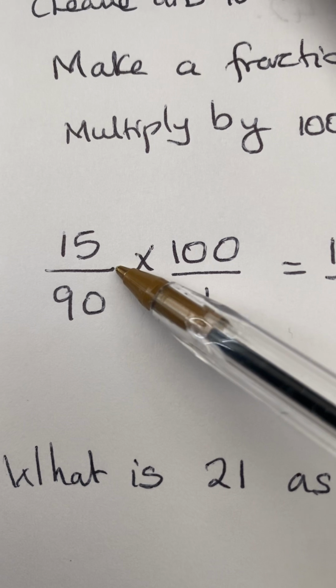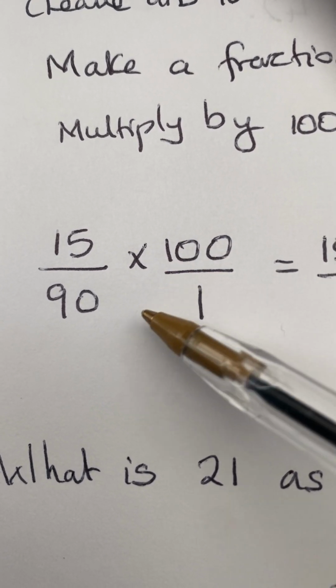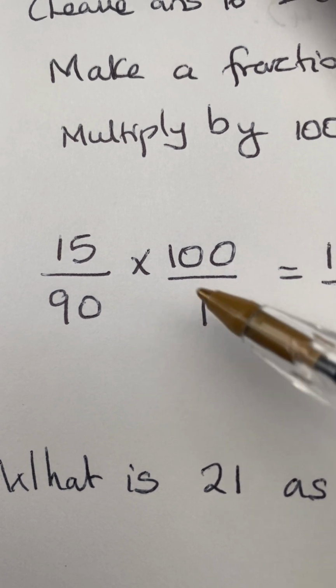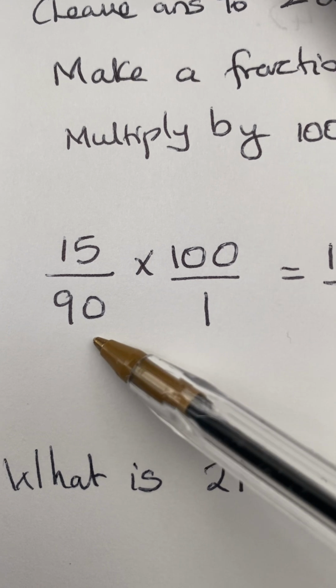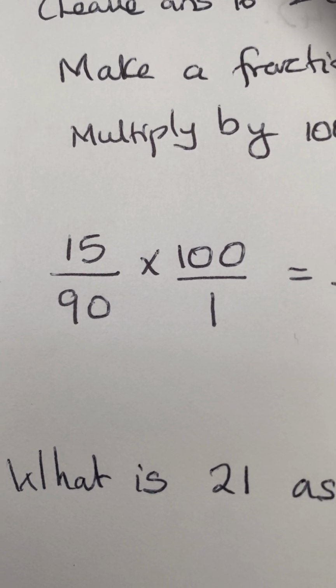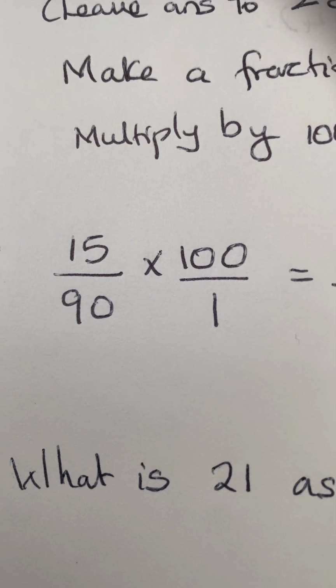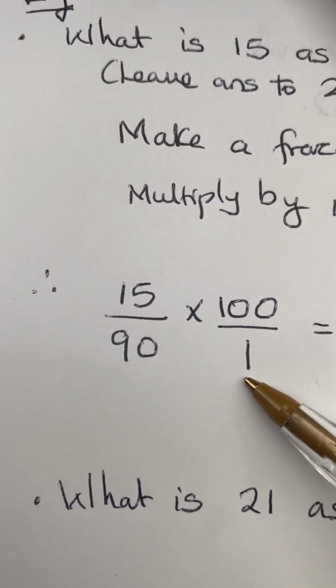Now we have 2 fractions multiplying. When we were doing multiplication of fractions, we said you multiply the numerators and multiply the denominators and simplify.